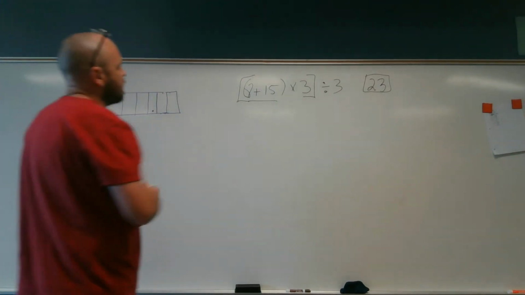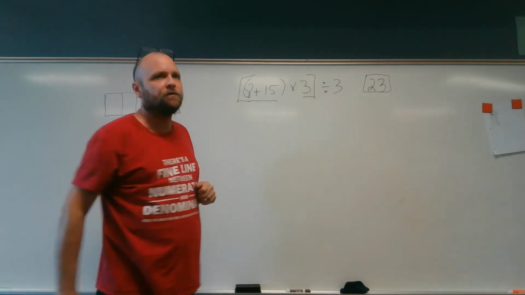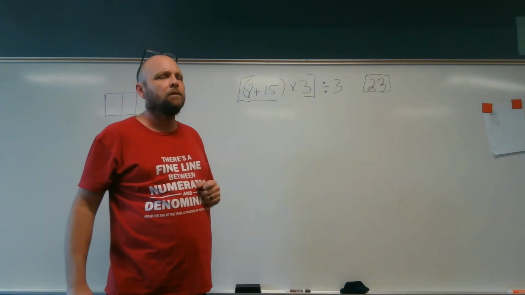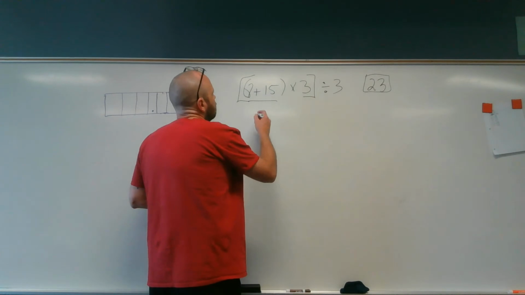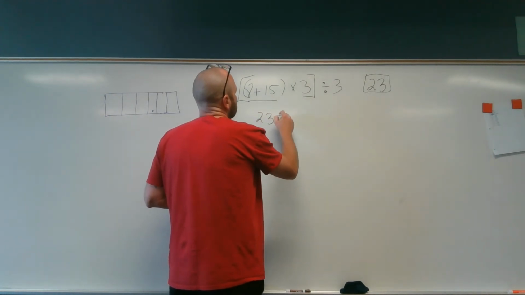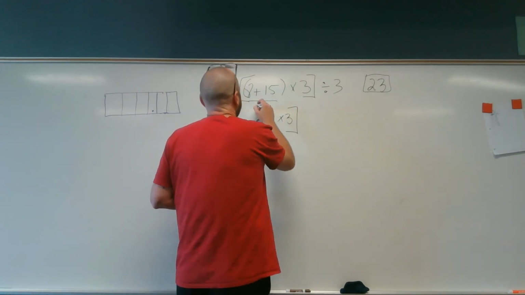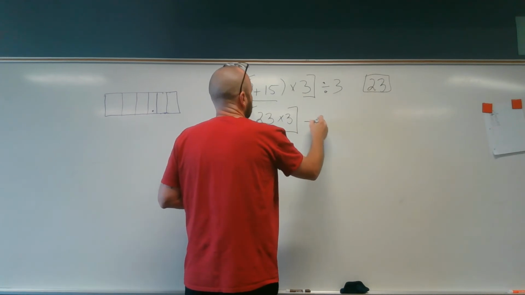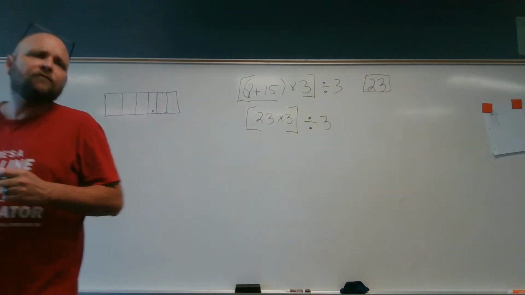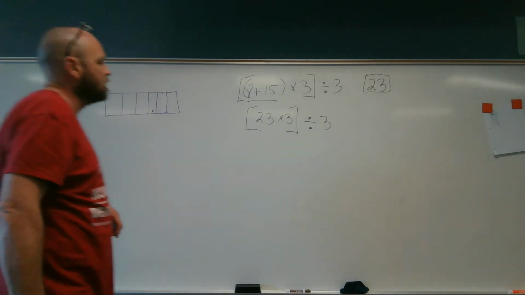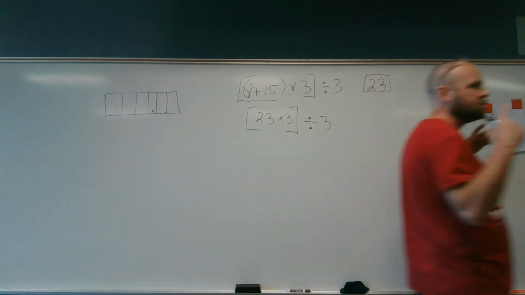And Cheyenne, what is 8 plus 15? 23. Good, so now we have 23 times 3 inside my brackets.